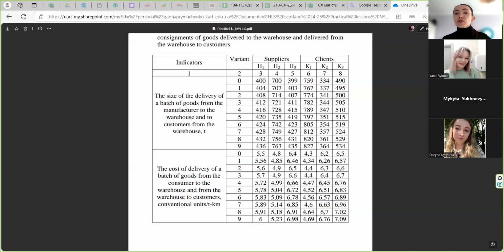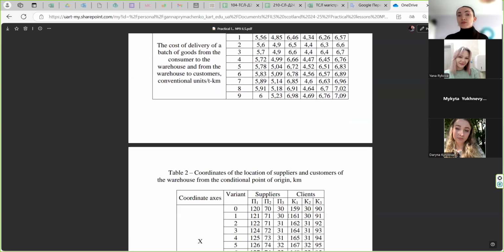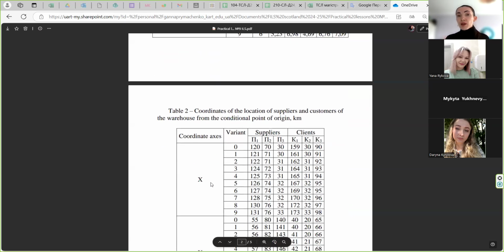Well, it's okay, 5 columns here for your variant. It is the first parameter, it is tariff. The next parameter, second, it is about distance by coordinate axis x. It is also the 5th column for supplier number 3: 30, 30, 31 kilometers.